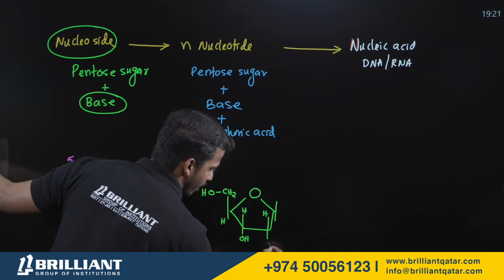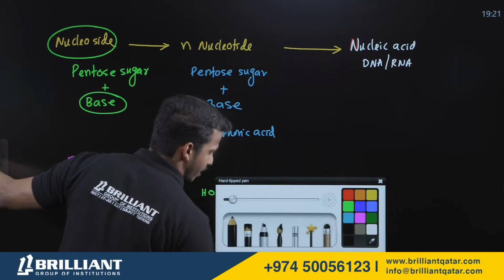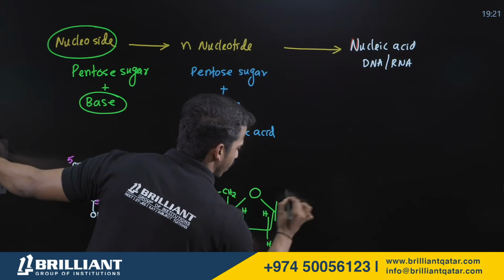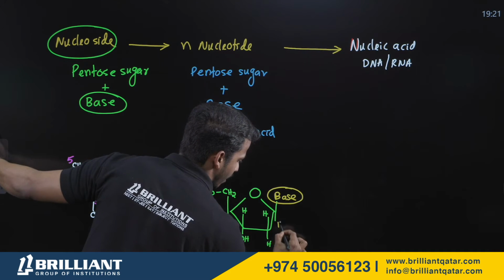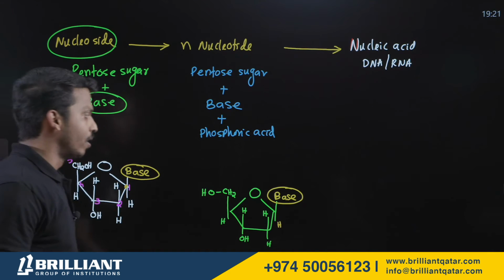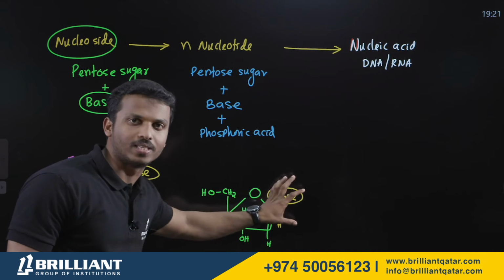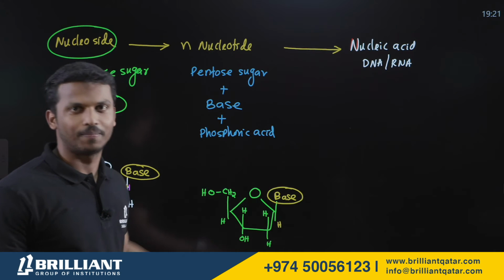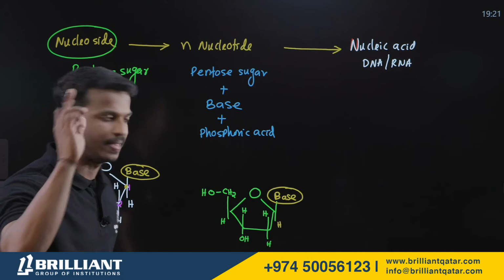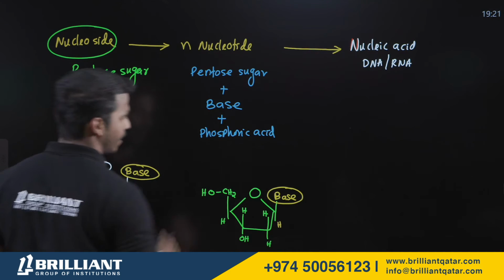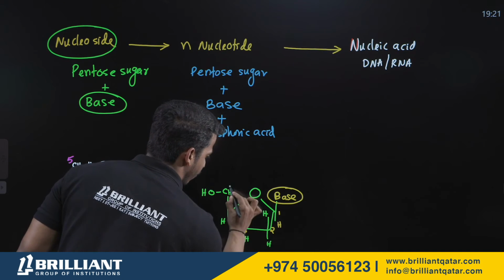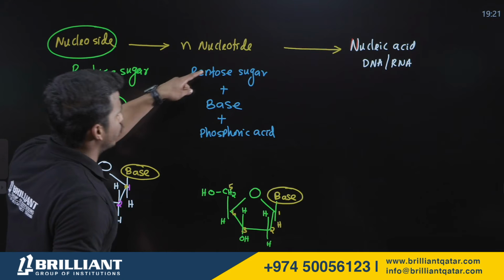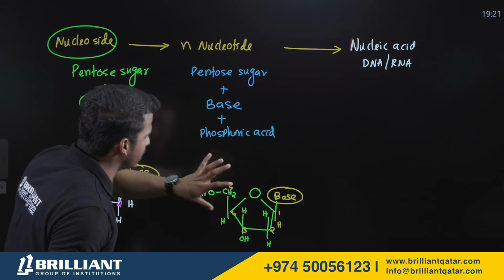Here we have H, H. And the first position, it is connected by what? The first position is connected by a nitrogen containing base. And here we have hydrogen. This is the pentose sugar with a base. This is called what? Nucleoside. Shall we prepare nucleotide? Yes. This is the nucleoside. Number 1, number 2, number 3, number 4, number 5. Pentose sugar ready, base is ready, everything is set.